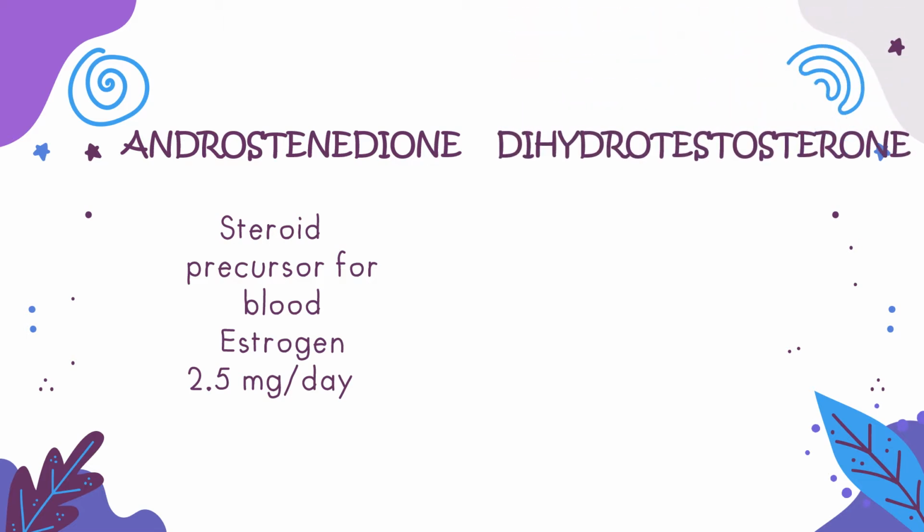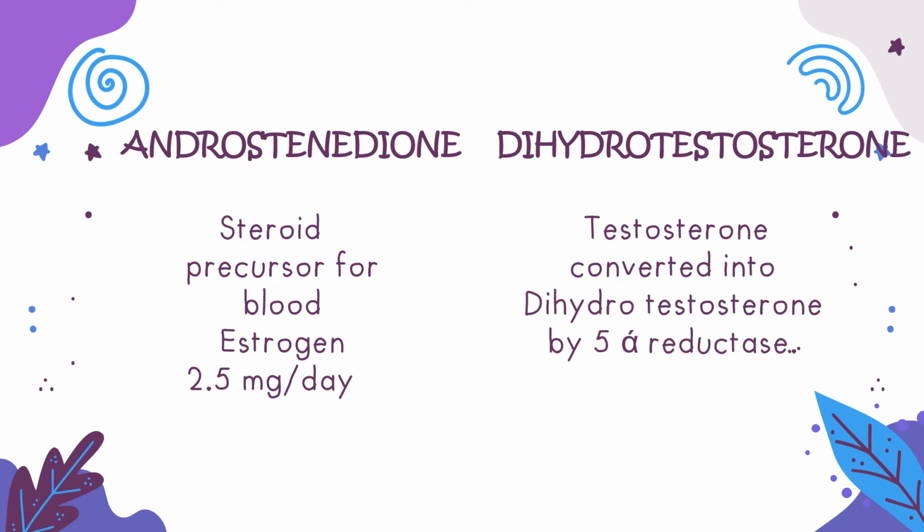Dihydrotestosterone, or DHT, is another important androgen which is present in the blood. Testosterone is converted into dihydrotestosterone by the enzyme 5-alpha reductase. Only 20% of the plasma dihydrotestosterone is formed in the testis, with 5-alpha reductase from the Sertoli cells and testosterone from the Leydig cells.